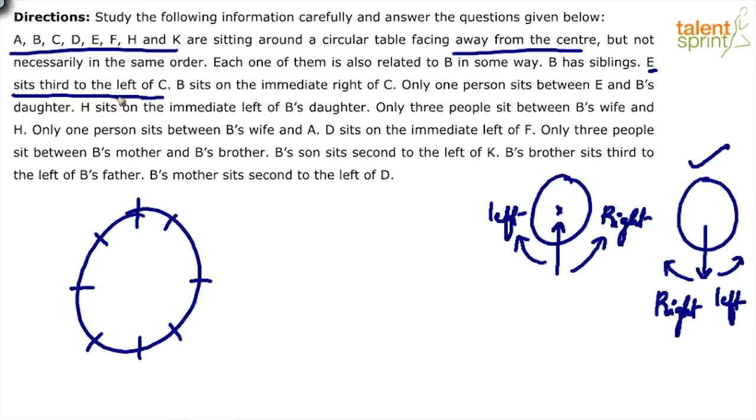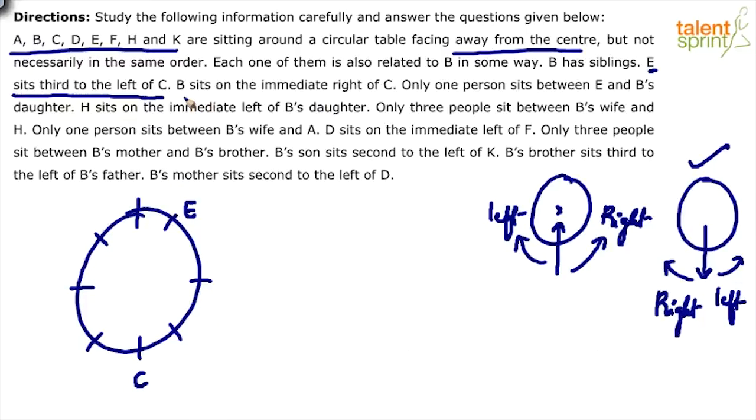E sits third to the left of C. Let us assume C seated here. Now, E is third to the left of C. What will be left of C? Left of C should be anti-clockwise. Remember, persons are facing outwards. So, go in the anti-clockwise direction of C: 1, 2 and 3. E has to come here. E sits third to the left of C. Done. Next point.